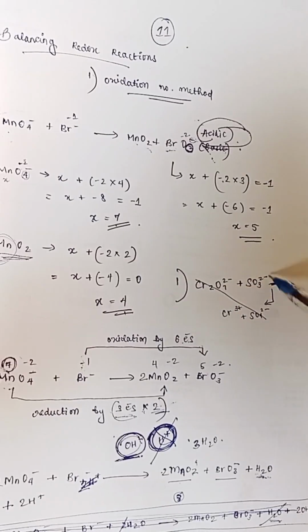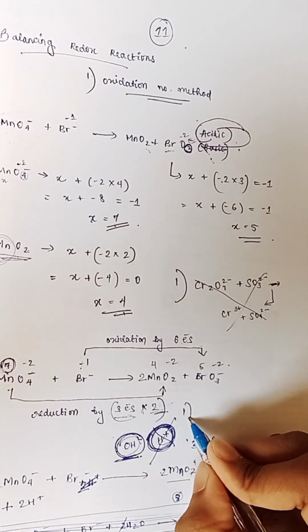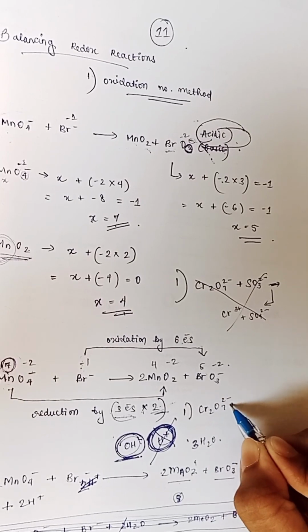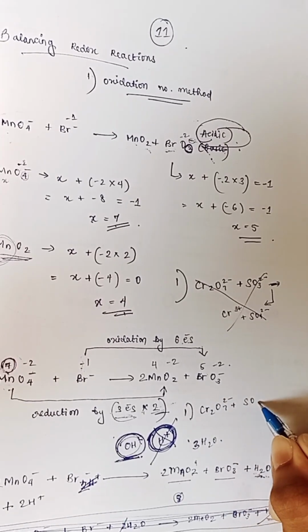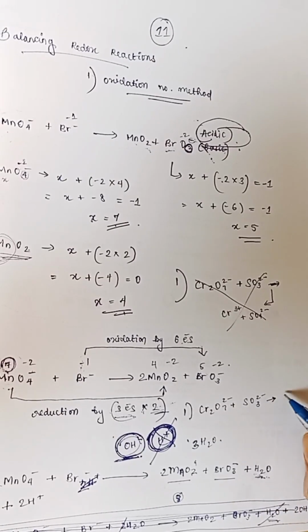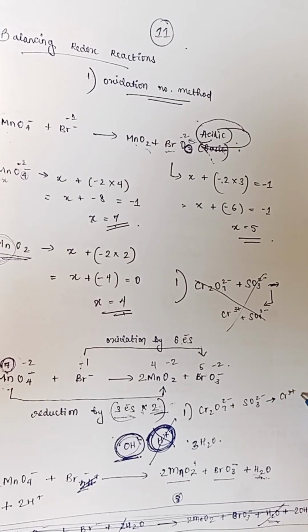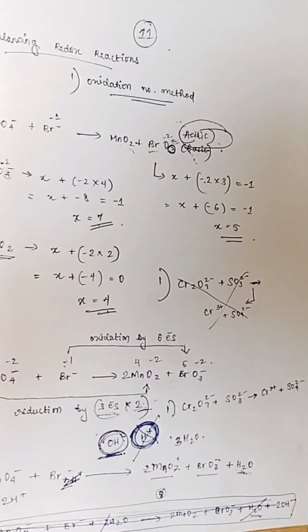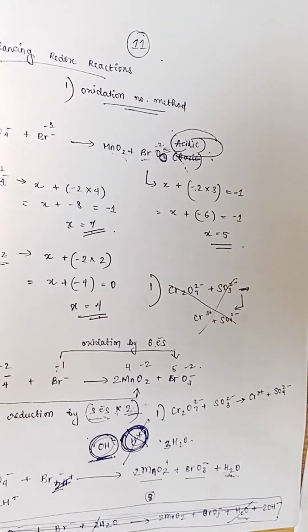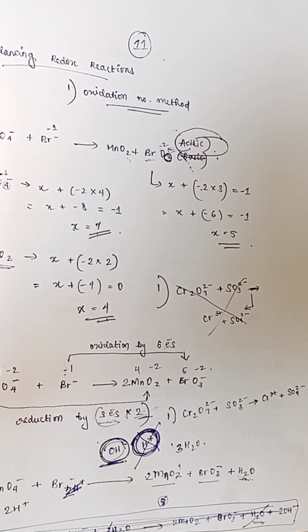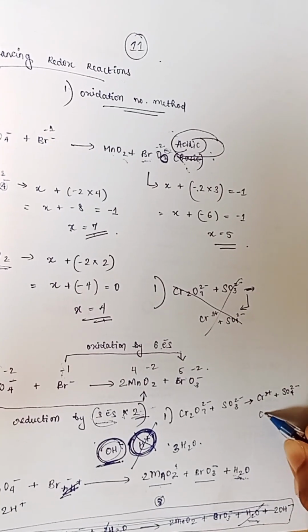Once again, I'll write it down again. The question is Cr2O7 2 minus plus SO3 2 minus gives us Cr3 plus SO4 2 minus. So this is the equation that you need to balance, and it is given that this equation is in acidic medium, so this is going to be easy.